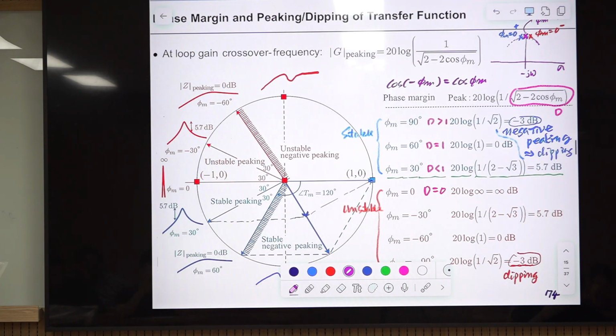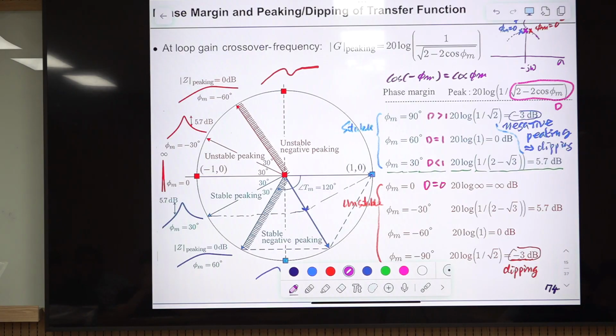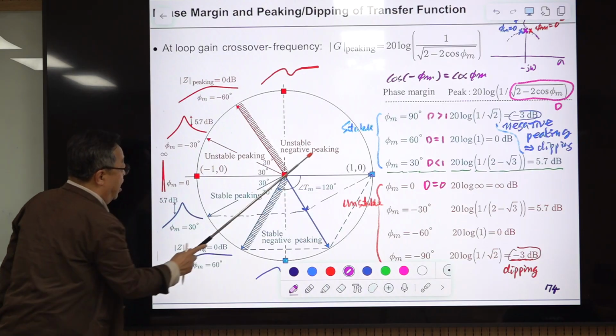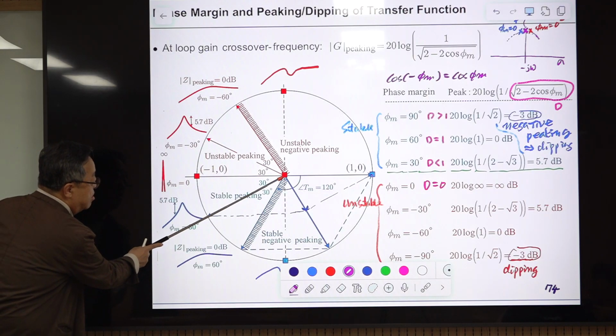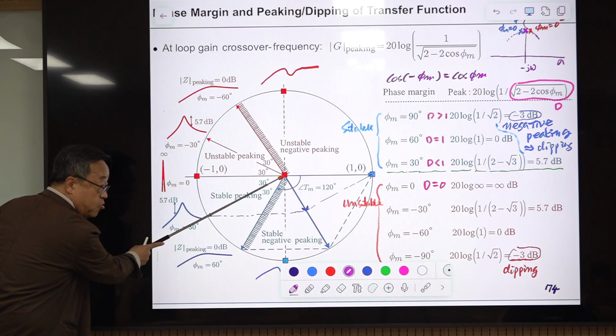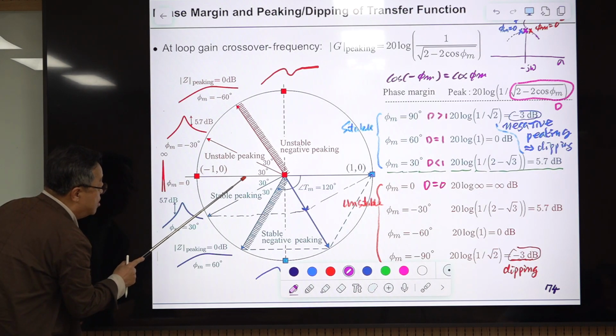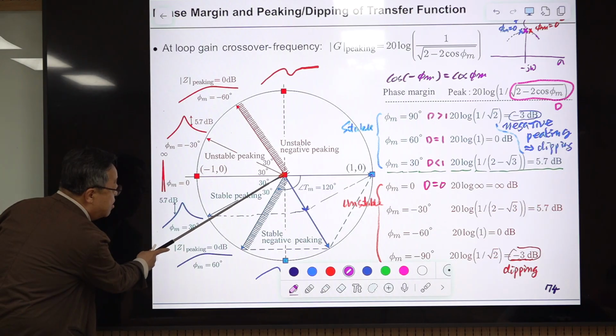And this is the example. It looks complicated, but this is not difficult to chart. The slide itself is very simple. Consider this one. This is one vector, and this is the loop gain Tm. The phase margin, the difference between this and this, is 30 degrees.